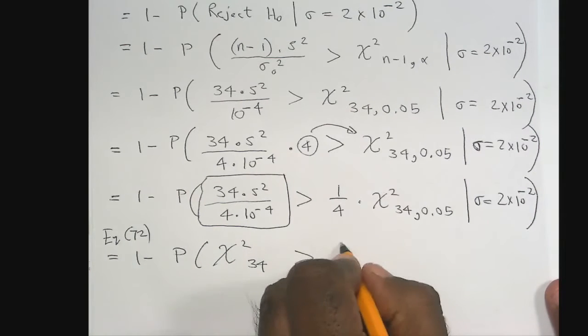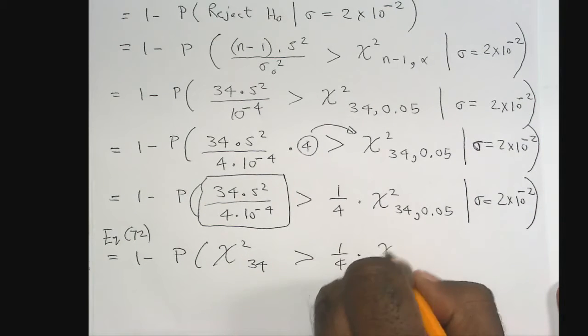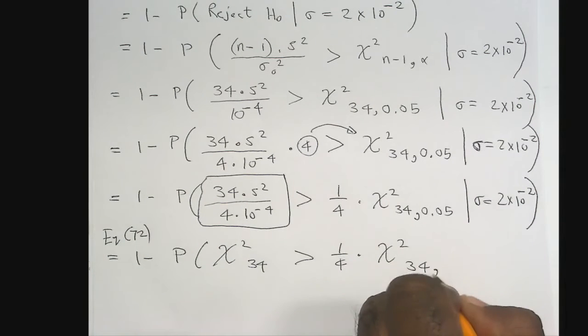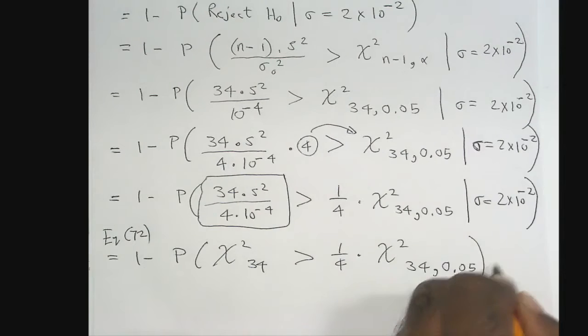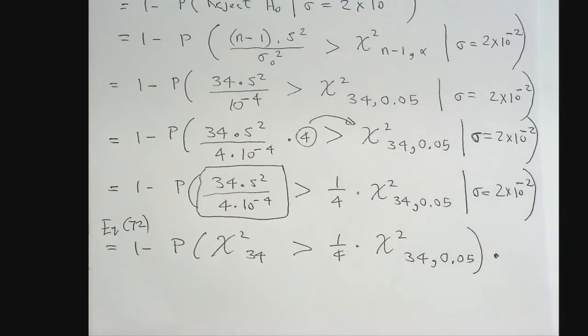So the answer to the question is, this is the answer. Right? Is that clear, or some of you seem lost, guys? Do you see what I've done, guys? Because we are conditioning on sigma being equal to this, the true standard deviation, we need to have the true variance in the denominator, right, which is 4 times 10 to the power minus 4.